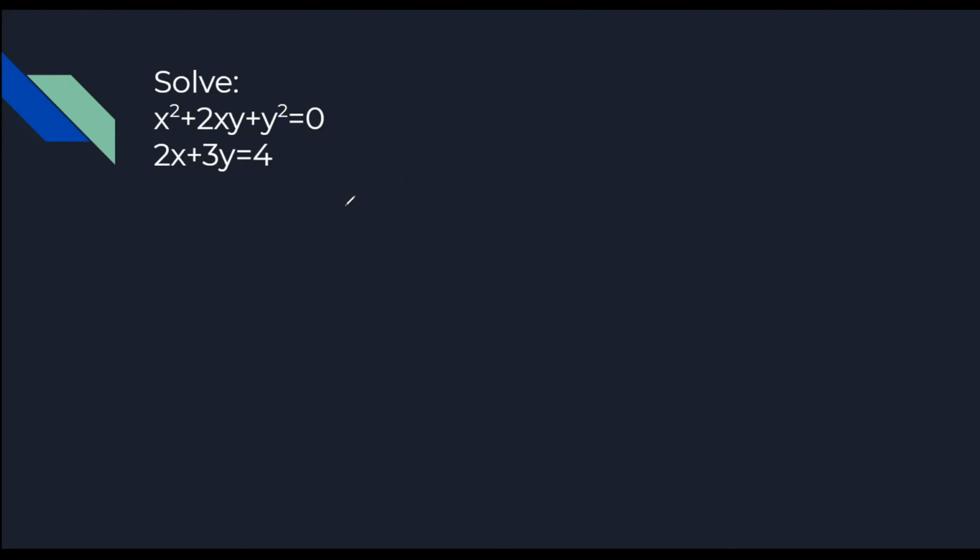Any ideas? I'll do the first step. Okay, so we can write it as a perfect square. Now we can write it as x equals negative y. And this should give you some ideas. Substitution, maybe?